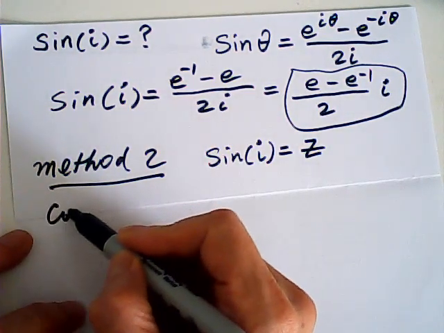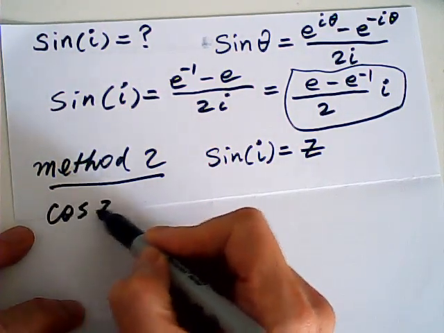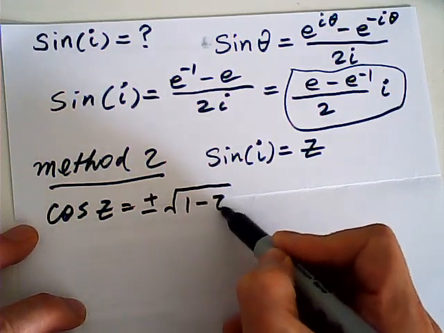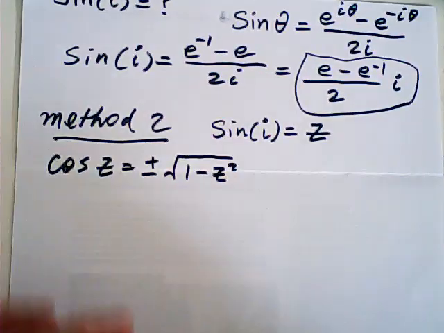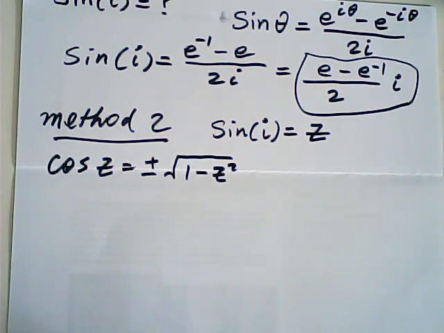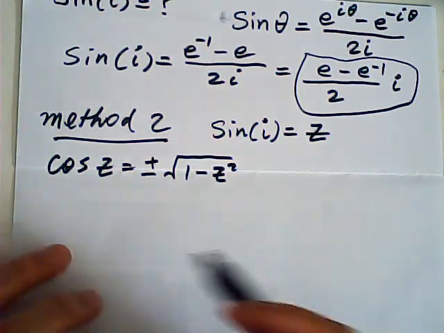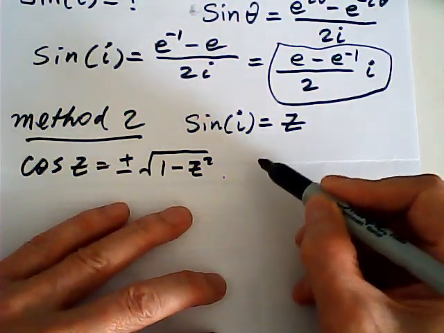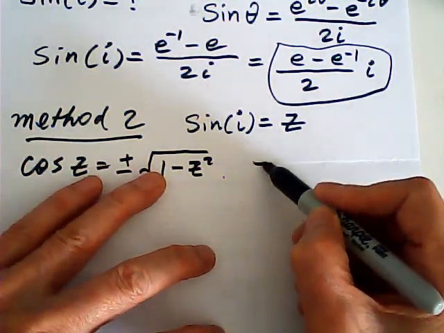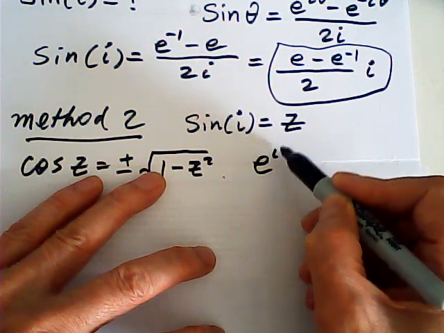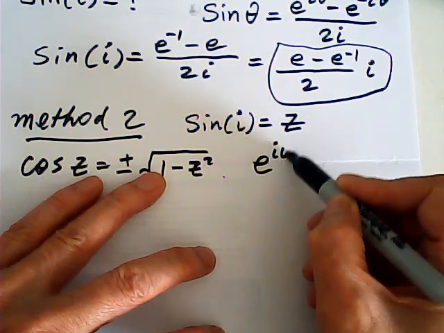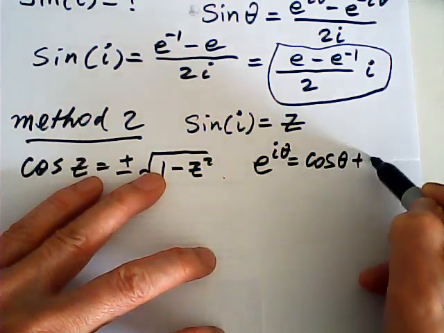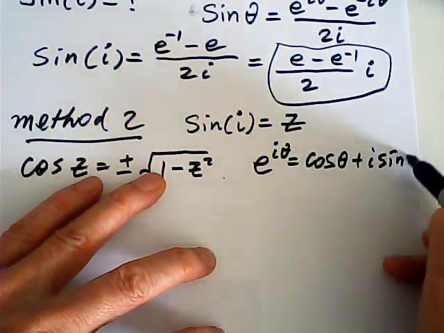Then cosine z is plus or minus the square root of 1 minus z squared, right? So these are very basic formulas. And also we know Euler's formula: e to the i theta is equal to cosine theta plus i sine theta.